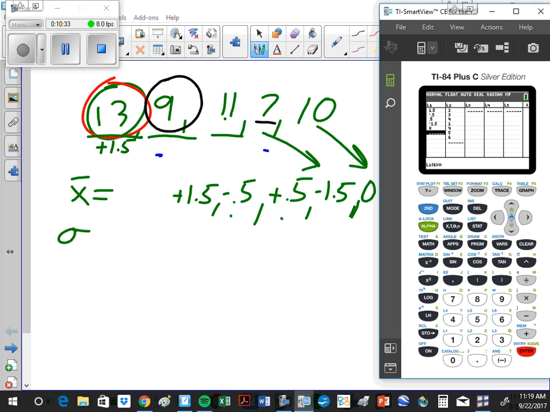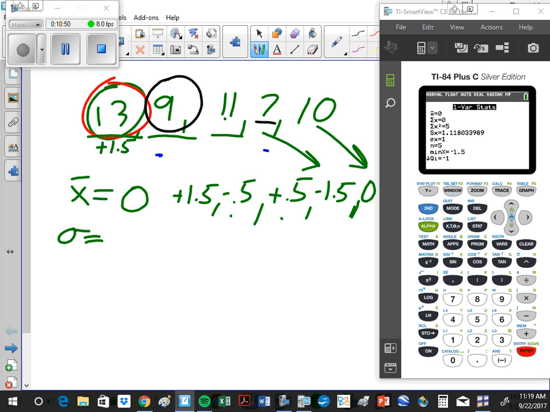Okay. Now I go out and I do one variable stat again. And what do I get? The average is 0, and the standard deviation is 1. Are you surprised?